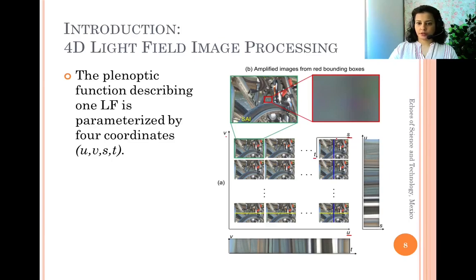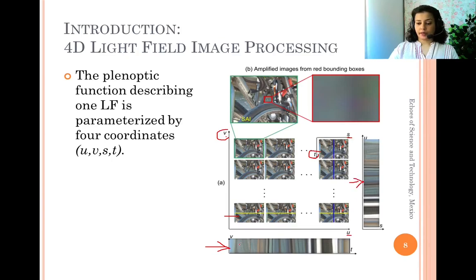Another representation of a light field image is epipolar plane images. These images are obtained by drawing epipolar lines over the UV plane. Specifically, if we fix V and T coordinates, we can get a horizontal EPI, or epipolar plane image, whereas by fixing U and S coordinates, we can obtain a vertical EPI.